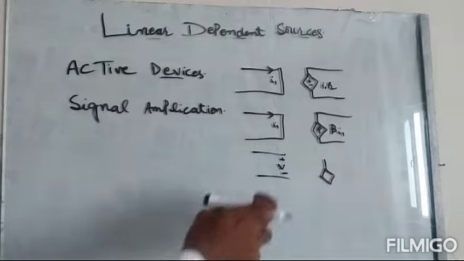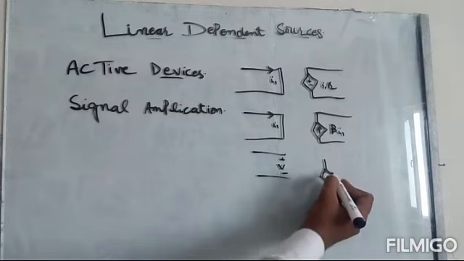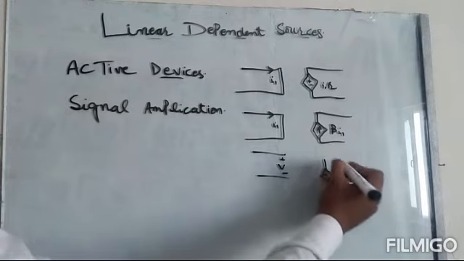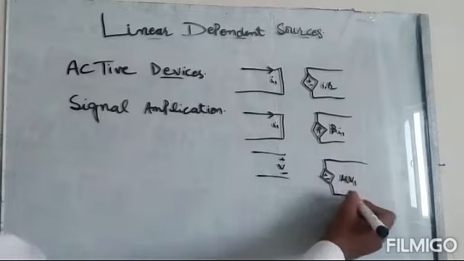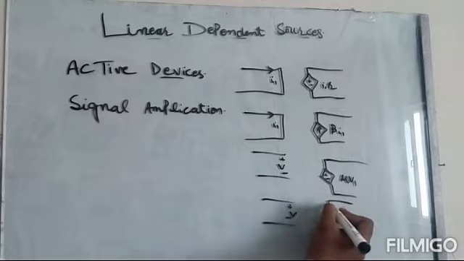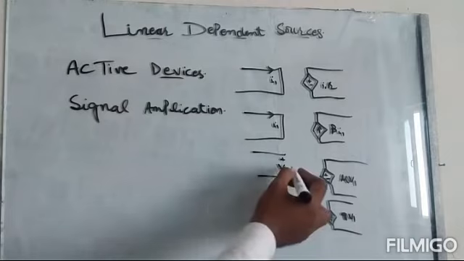For example, this is a voltage controlled voltage source, and the value of the voltage will be mu times V1. And similarly, a voltage controlled current source will be G times V1. This is also V1.